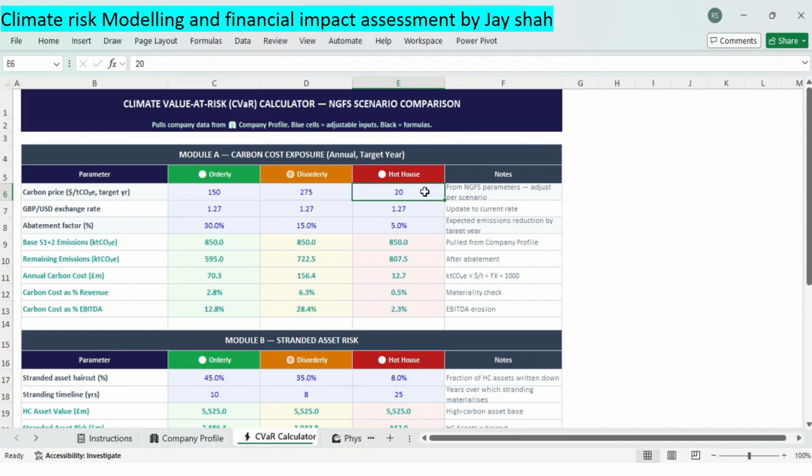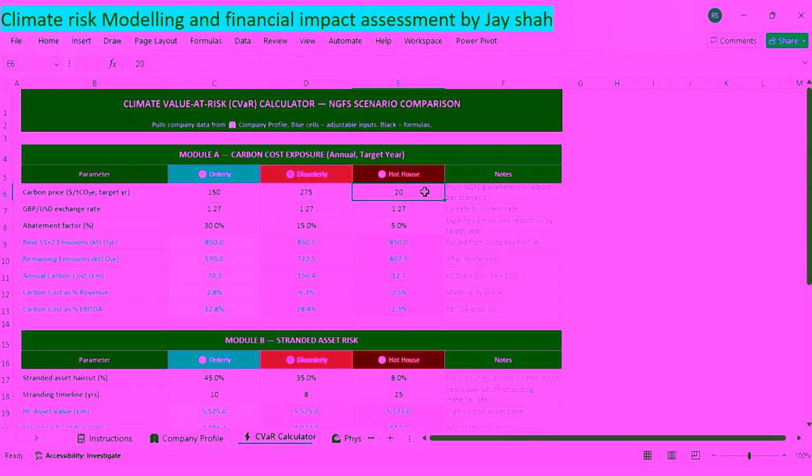In row 9, cells C, D and E are calculated as 850, a cross-sheet reference that pulls the total scope 1 plus 2 emissions, as I showed earlier. Cell 10 is the remaining emissions in tons of CO2.